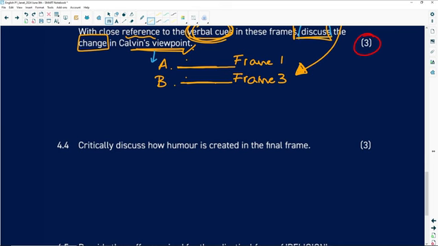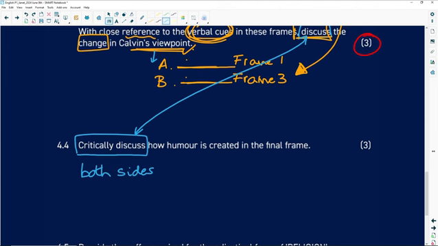So what's the difference between discuss and critically discuss, or comment on and critically comment on? So notice we've made a move here from discuss to critically discuss. So very often, a critically discussed question asks you to look at both sides of something. That's how you get the critical.